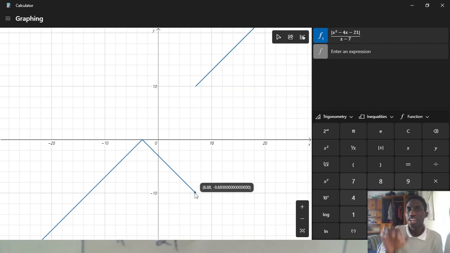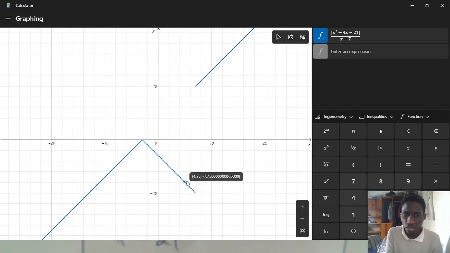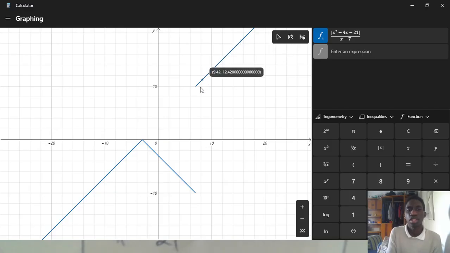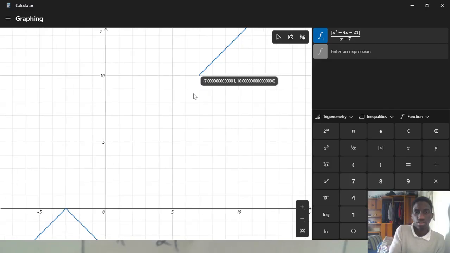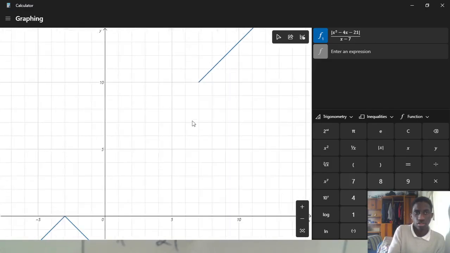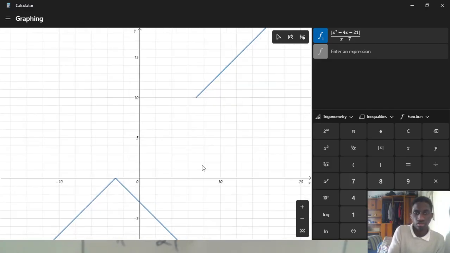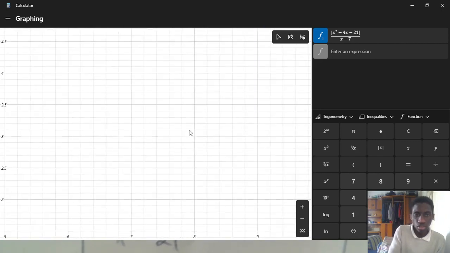The limit as x approaches 7, from the left or from the right, does not exist, because I'm approaching negative 10 as I approach from the left, and I'm approaching positive 10 as I approach from the right. We're not seeing 7 itself.